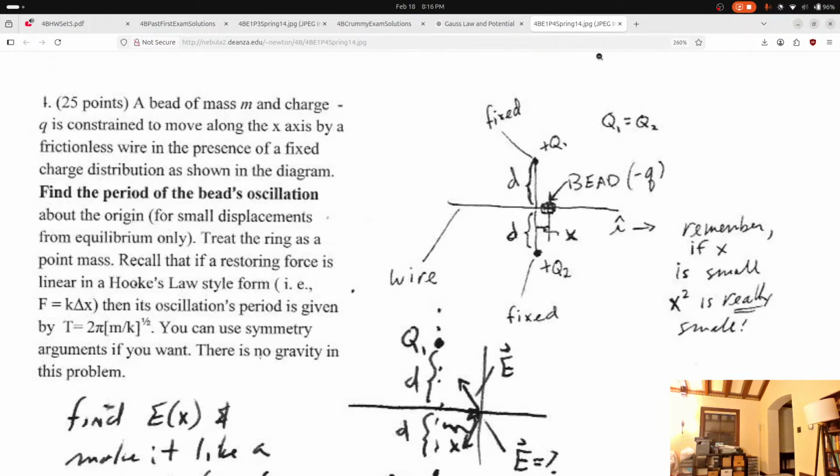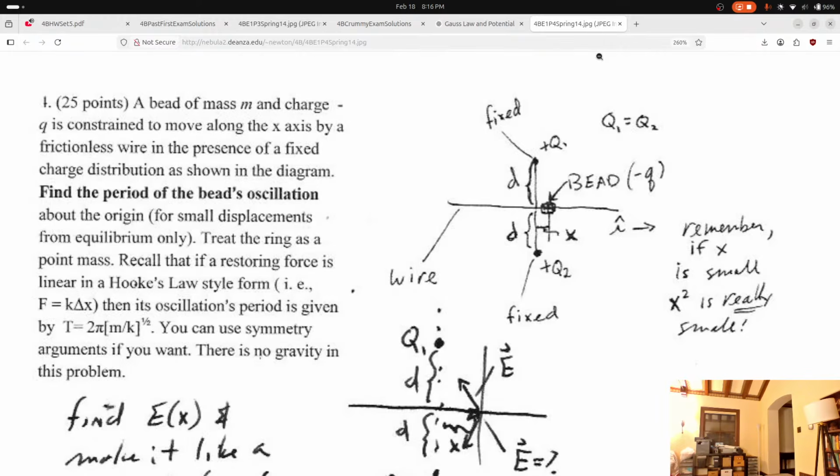Now we're going to have k q1 over r squared. Or no, we want this so that we can take the whole vector: x minus d, k q1 over r cubed, plus k q2 over r cubed times x plus d.